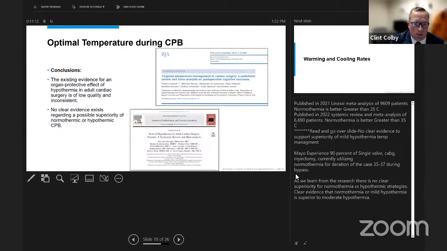Now, it's not the end all, I'm just going to share tidbits here on the end of each of these sections on my Mayo experience and kind of trends that happen here at the Mayo Clinic. No one cools below 34C for even some pretty significant cases. Like last week, I did a double valve myectomy maze, and we stayed warm for the entire case.